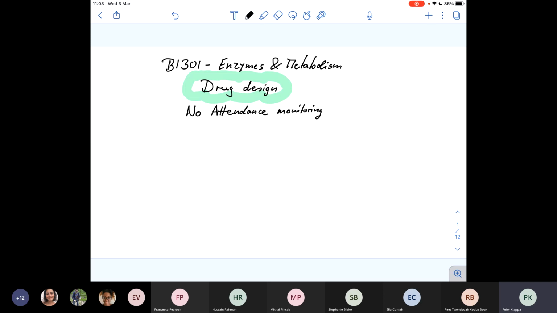I'm only talking about pharmaceutically relevant drugs, not the stuff that people take for recreational purposes, although the principle is exactly the same. It's not in any way assessed or asked in any tests or exams.